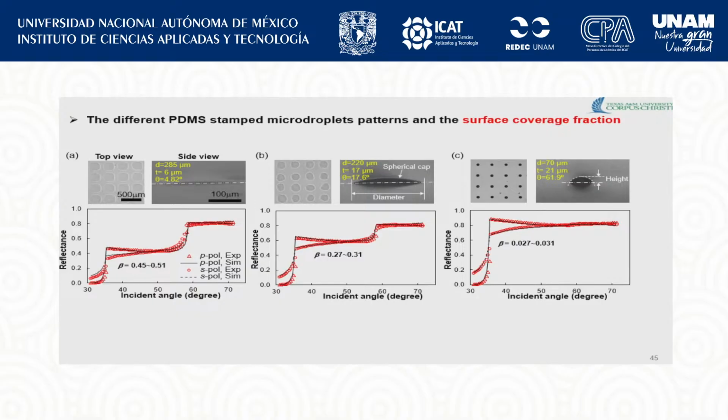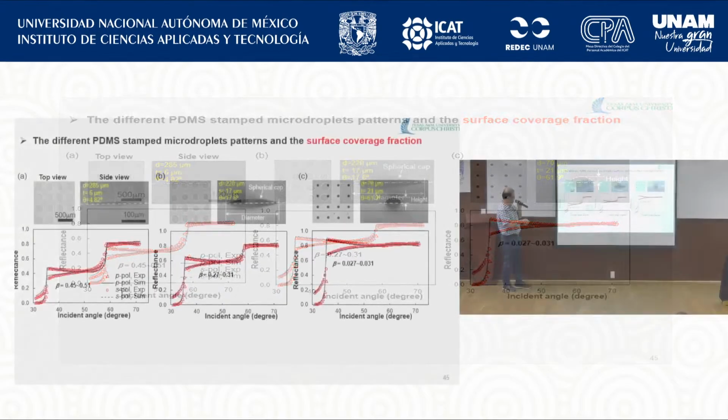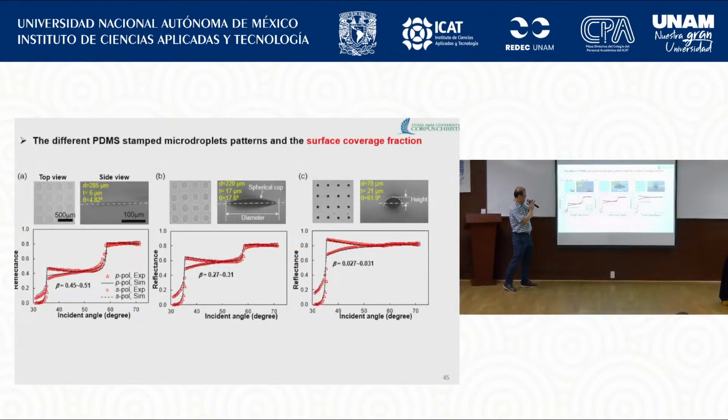Okay, oil is not volatile, right? So it's much easier to characterize. We intentionally make this kind of droplet array by the PDMS stamping method, and now it shows very good agreement between the symbols, which are the experiment, and the line, which is the simulation. They show a very good agreement with each other.